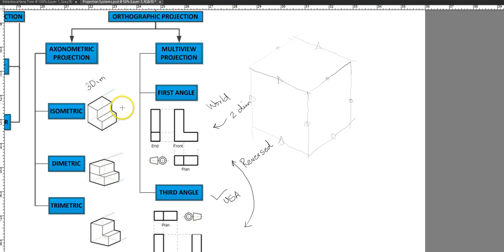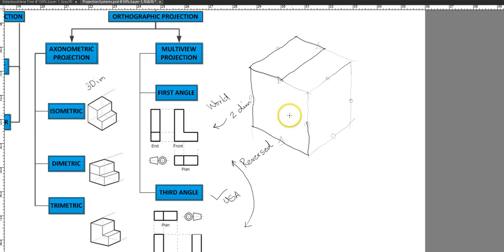So if I were to put this one in here, how would I do it? I could just use this part, the top step. So all I'm using over here is parallel lines, and I'm using that as my guides.